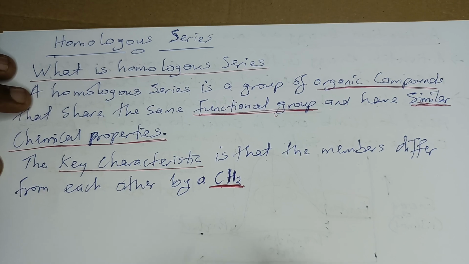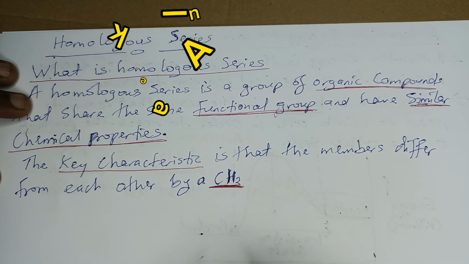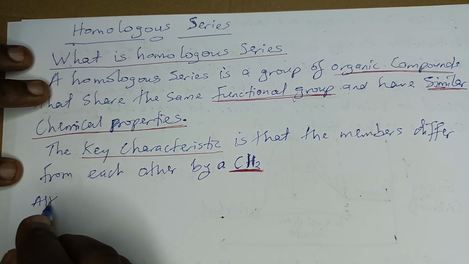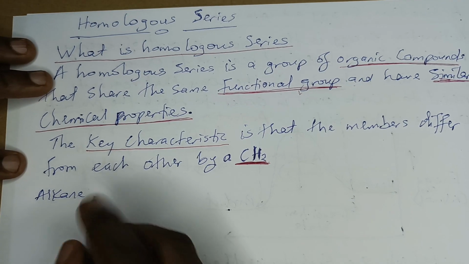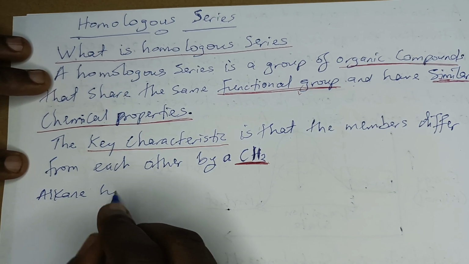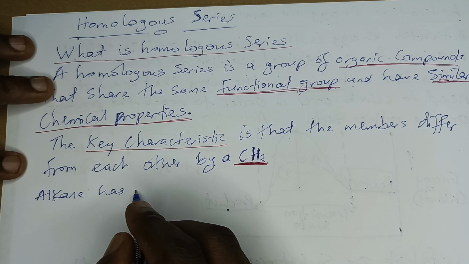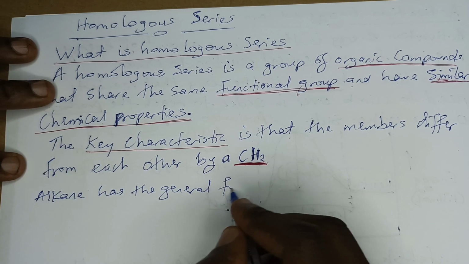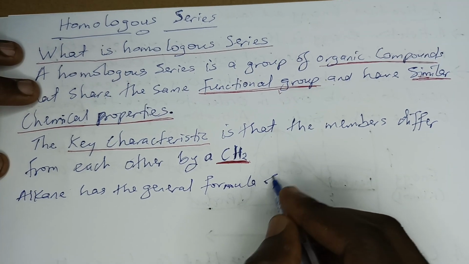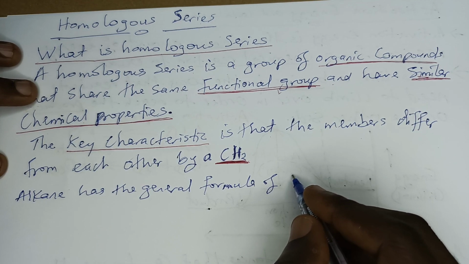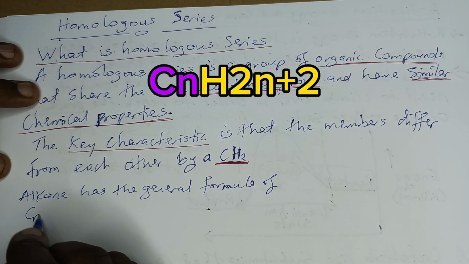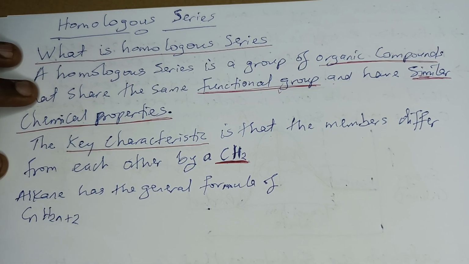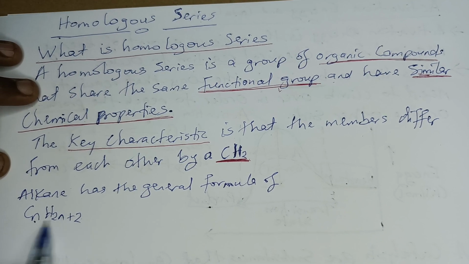Taking alkane as an example, the alkanes have the general formula CnH2n+2. What does this mean? Very simple.